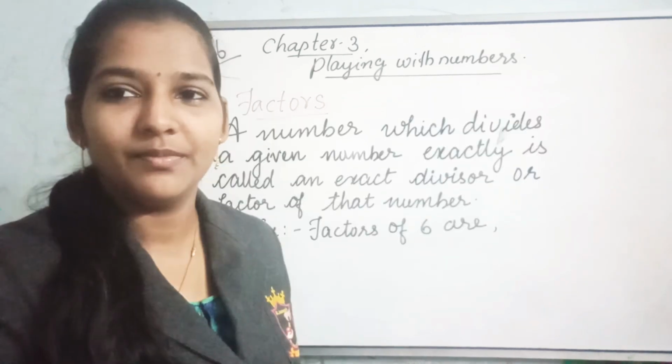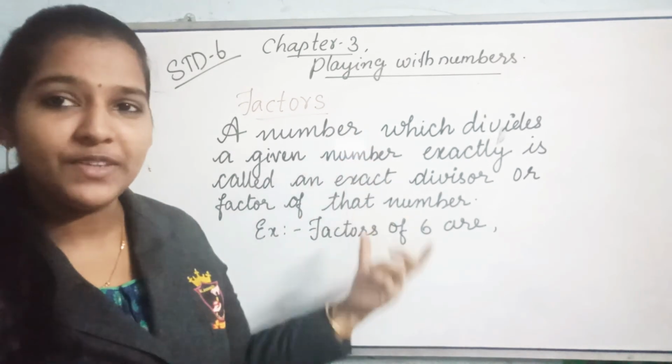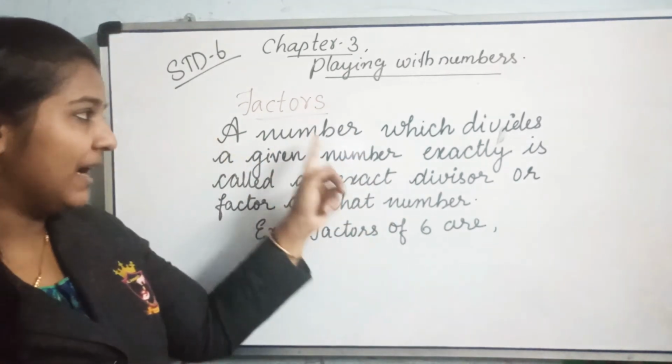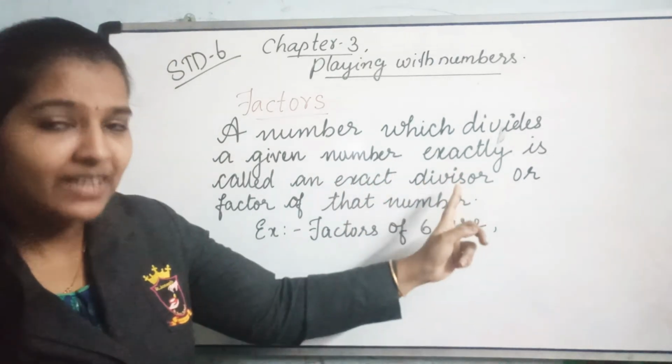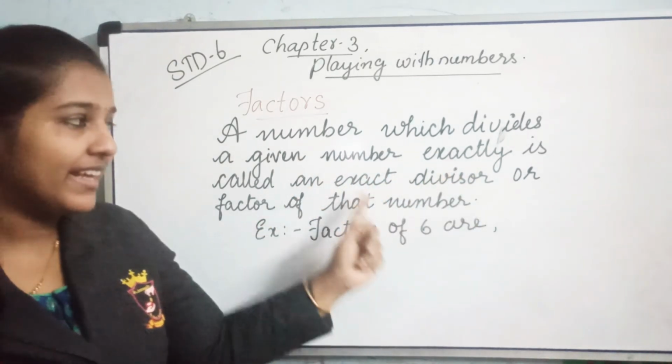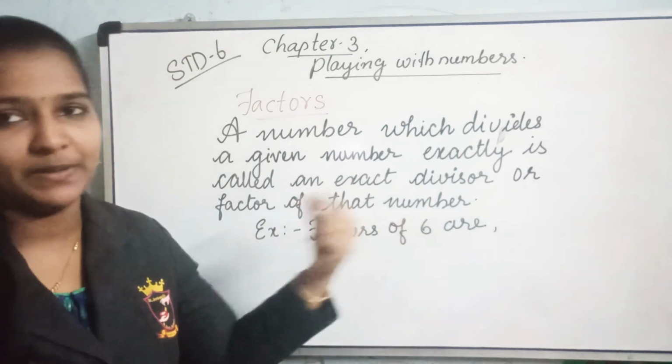So children, factors. By definition we can say that a number which divides a given number exactly is called an exact divisor or factor of that number.